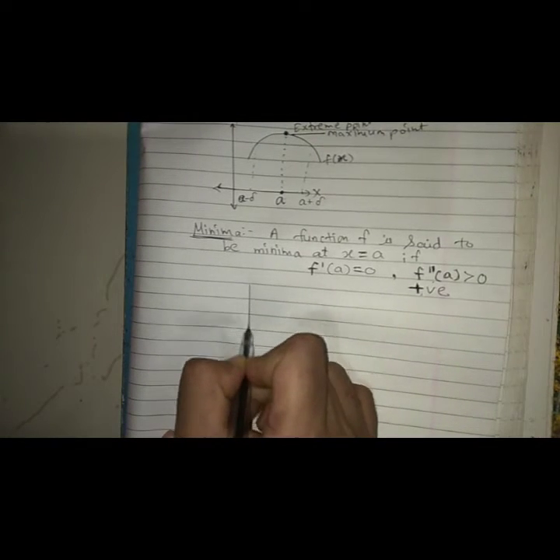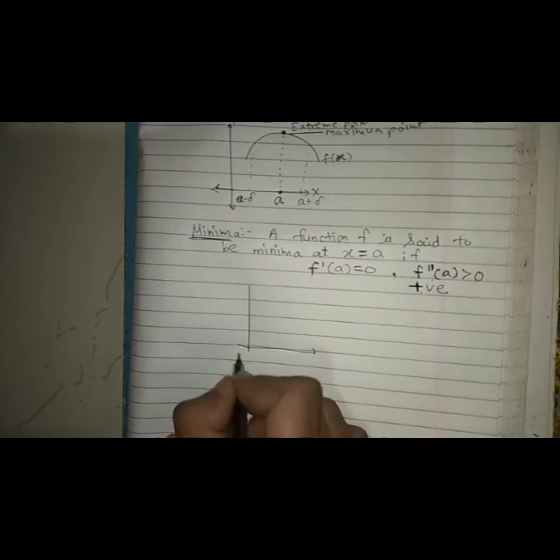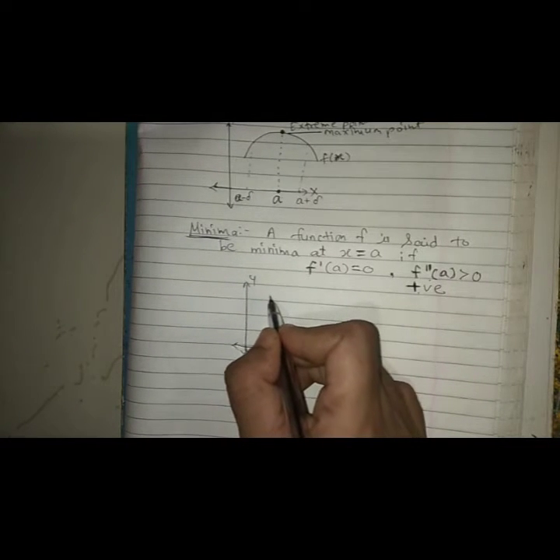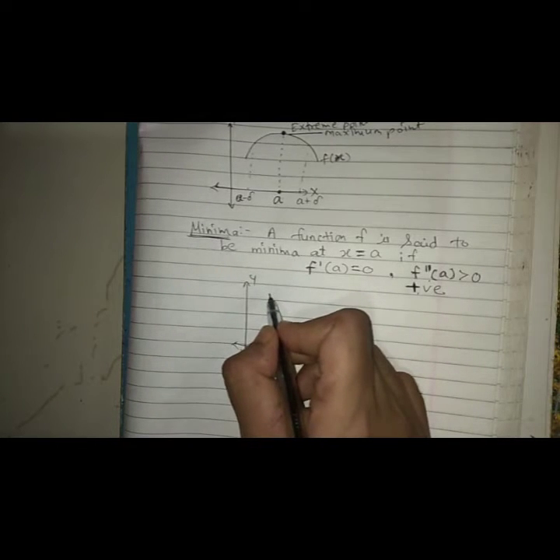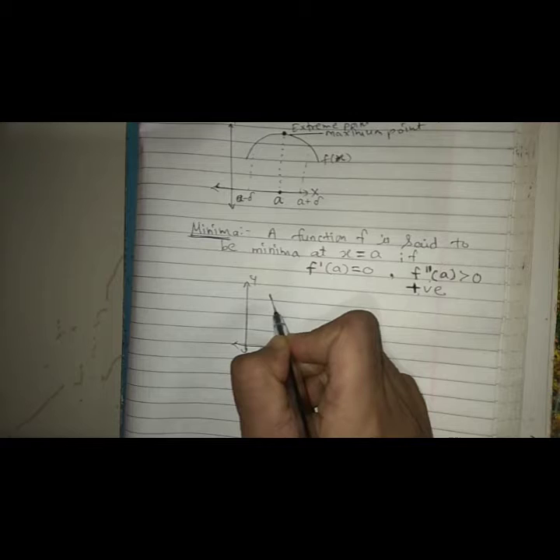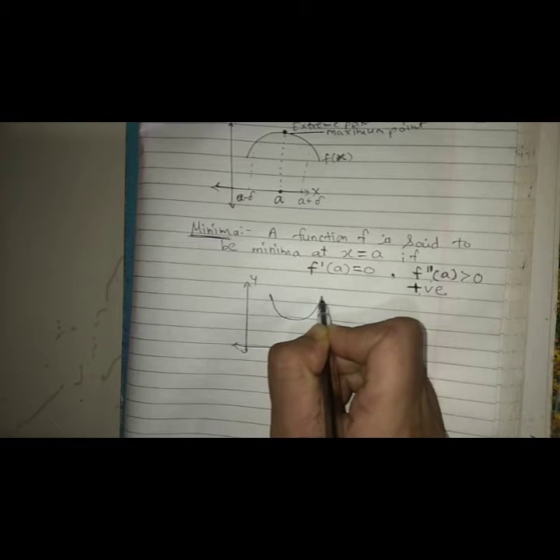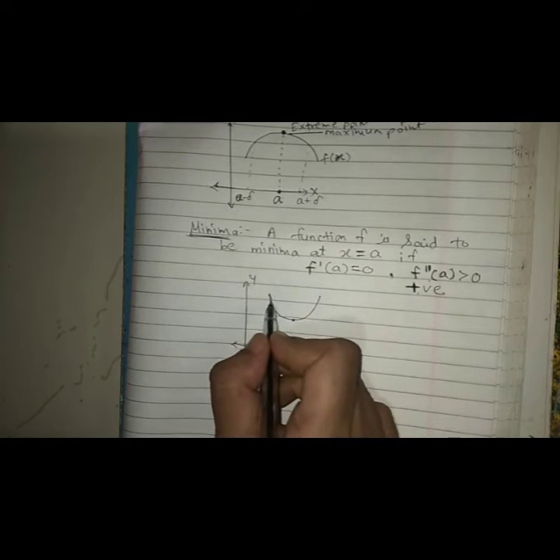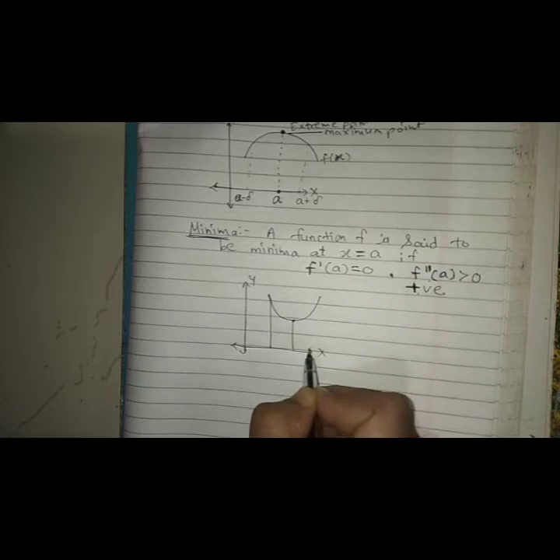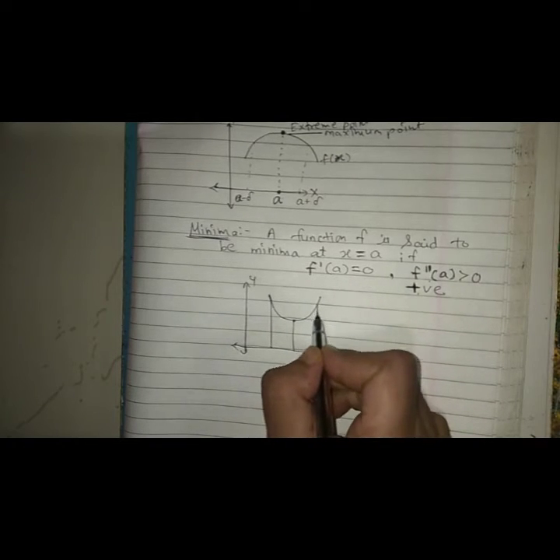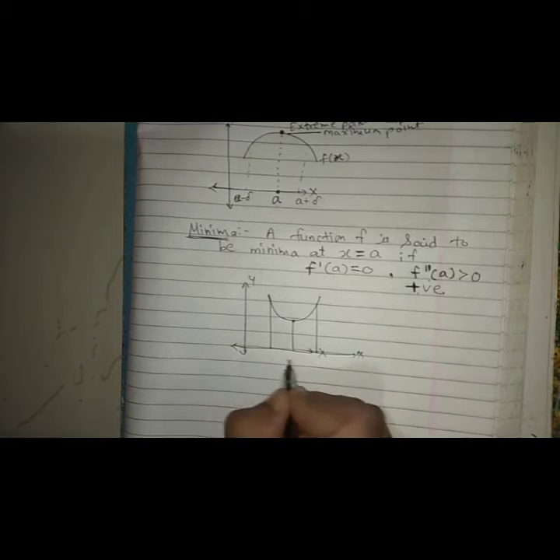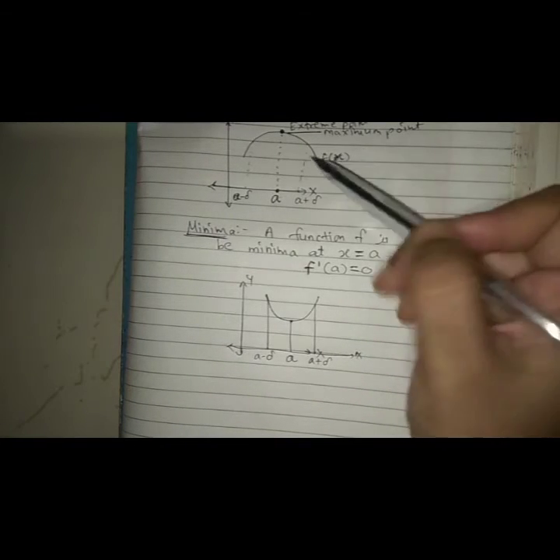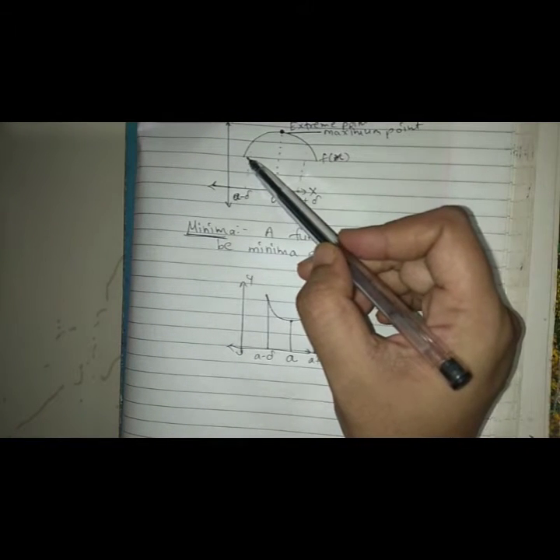Now we see the graph of this function. Again, x-axis, y-axis. In this type, if the function is a minimum, it starts from a maximum point, decreases to a minimum, and then again starts increasing. I mark a minus delta and a plus delta on the x-axis. Compared to the first graph, the function shows the opposite action.